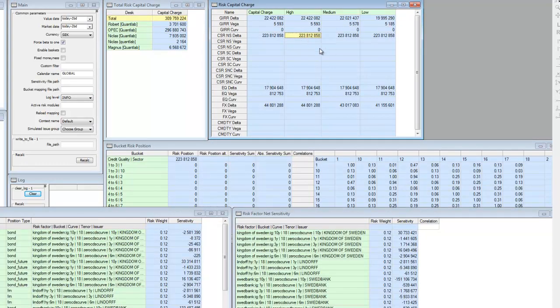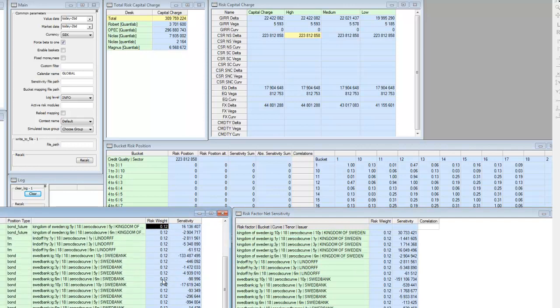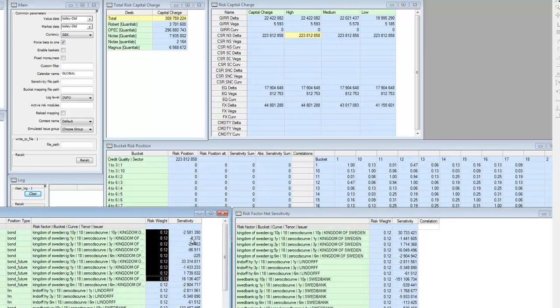And you can see the credit risks are now all in the other bucket, which means that it has the maximum risk weight, and then multiplied by the sensitivities, you get a number which is just exploding, which means that you have to have very good control of your credit risk and which curves they're on and how they net within each credit risk curve.